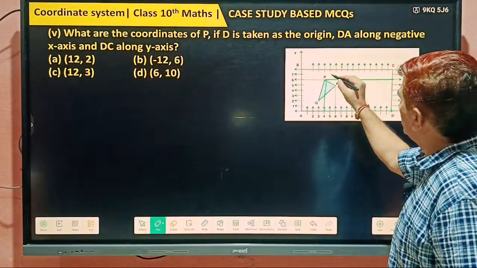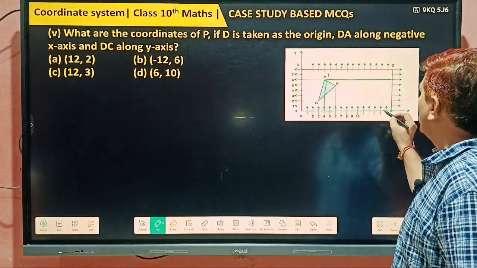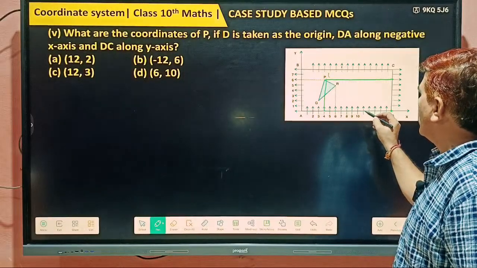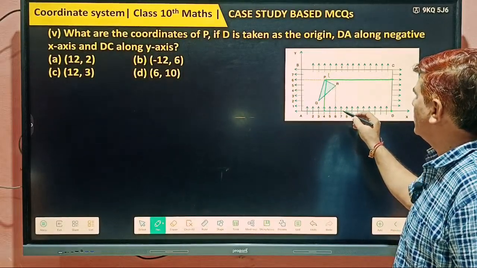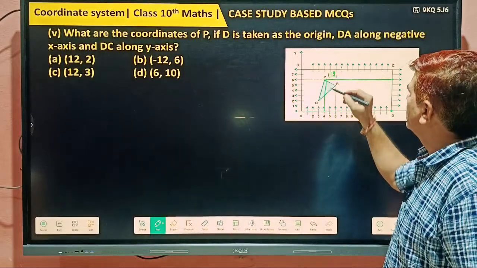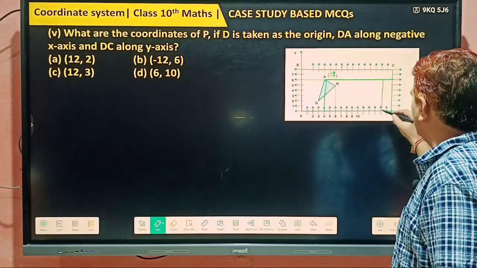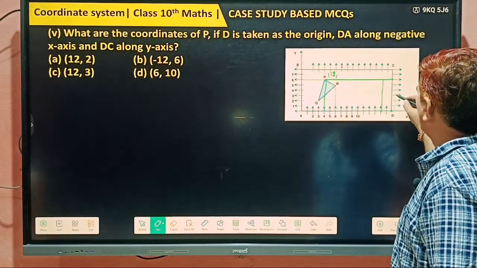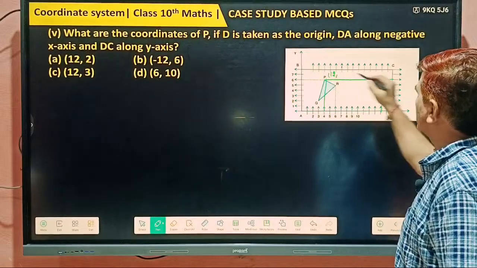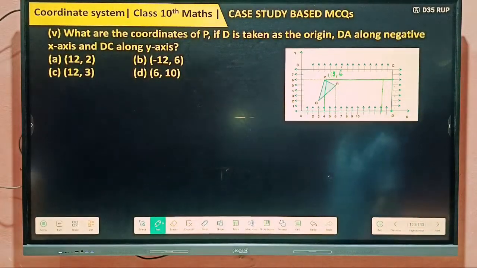So what are the coordinates of P? Distance from the y-axis: 1 unit, 2, 3, 4, 5, 6, 7, 8, 9, 10, 11, 12. 12 units. And how much distance from the x-axis? 1 unit, 2, 3, 4, 5, 6. So what are the coordinates of this point?